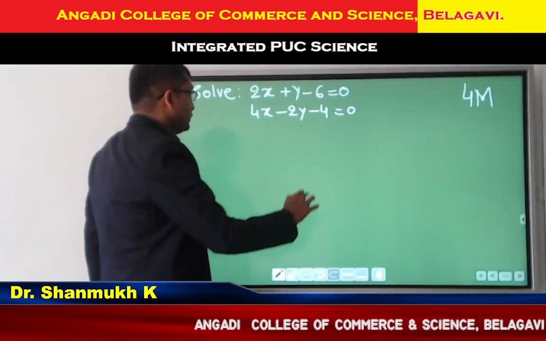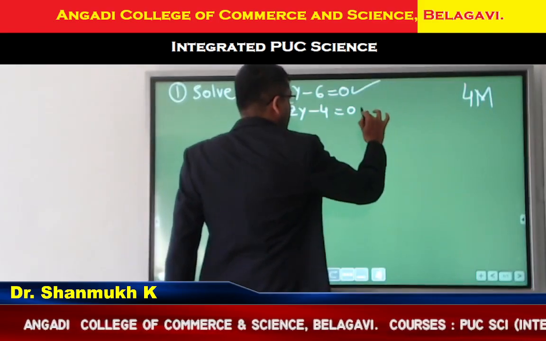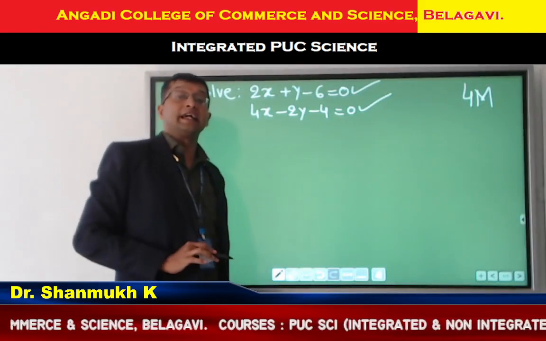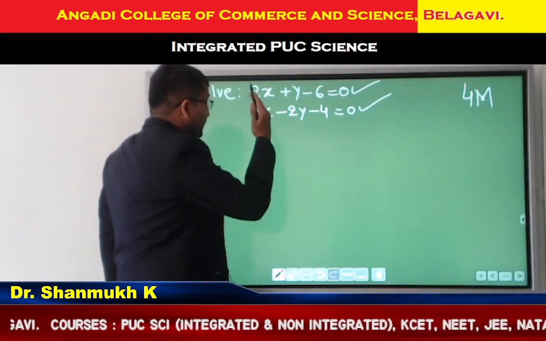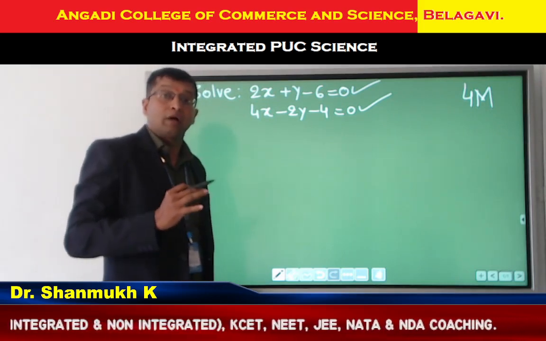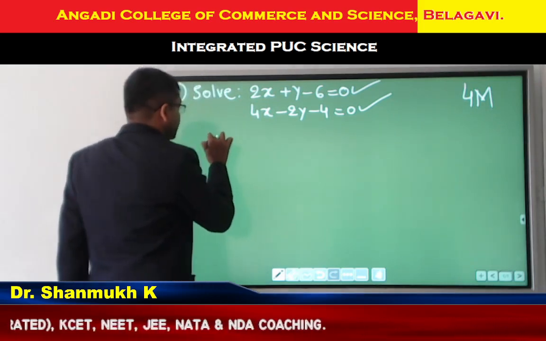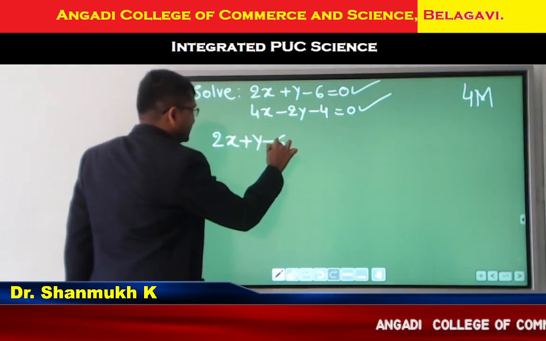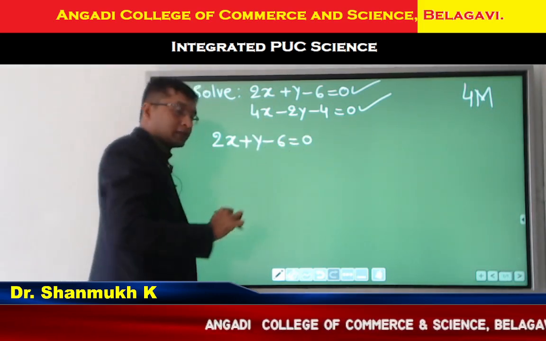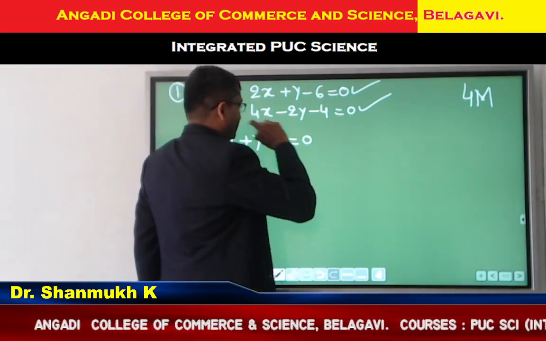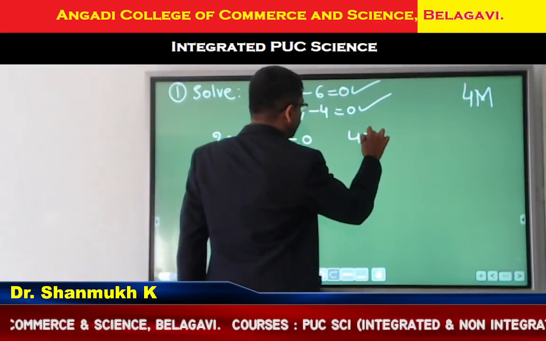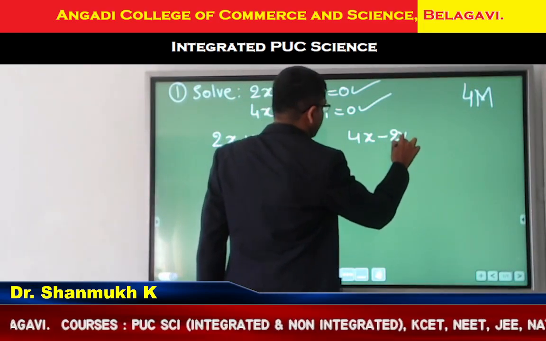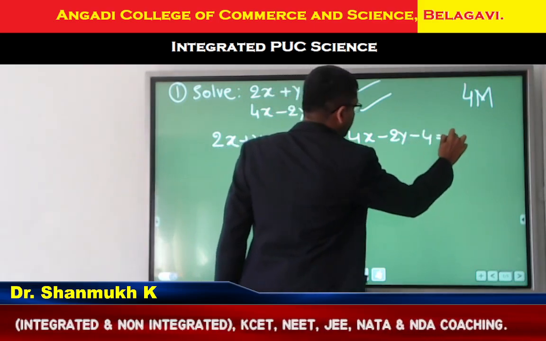So we have two equations. This is the first equation, and this is the second linear equation. For the first linear equation I am going to write a solution for y. Once again, 2x plus y minus 6 equal to 0 is one equation. Another equation is 4x minus 2y minus 4 equal to 0.